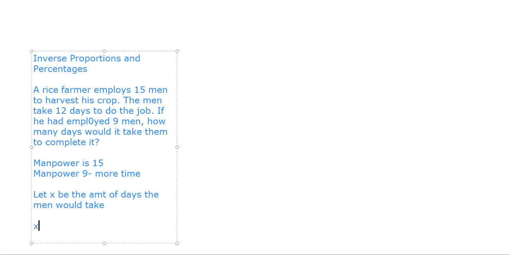So that would be X over 12, because we are trying to figure out how many days. So we put X over the 12 days is equal to, how many men did we use first? 15 over, and we are going to use 9 men now.